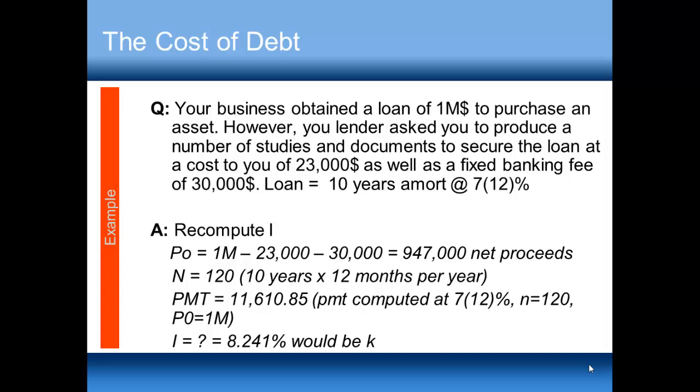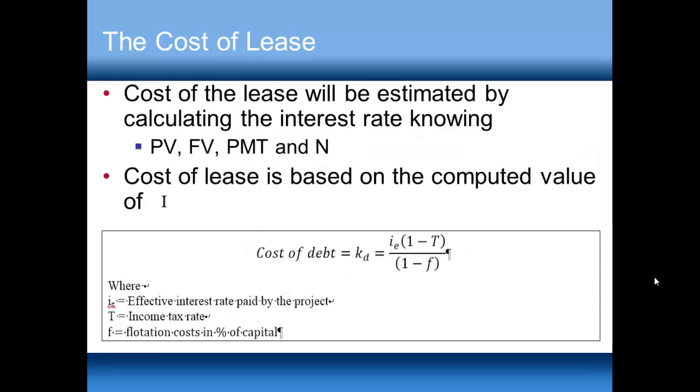We're going to recalculate I. I becomes 8.241%. That would be your cost of capital, already incorporating the flotation costs that here are shown as dollar amounts. So if you're doing this, you don't want to enter the 1 minus F inside of your calculation, okay?